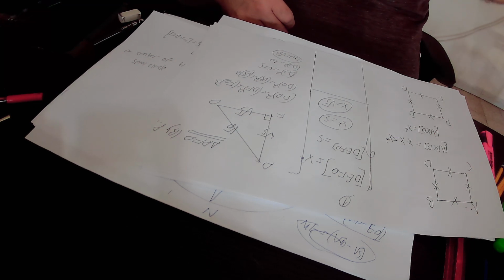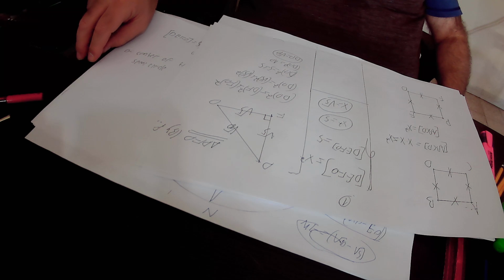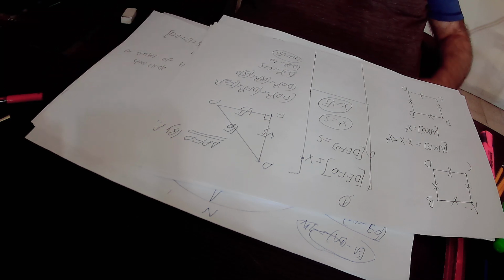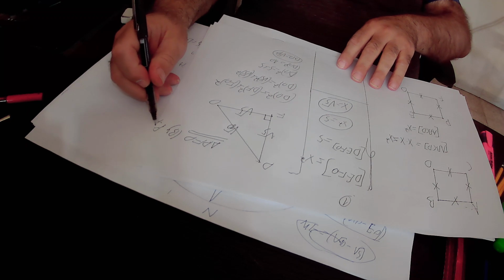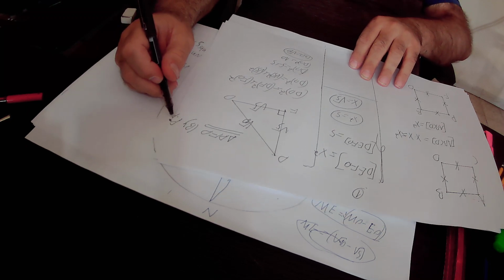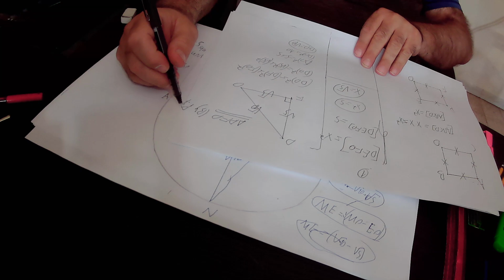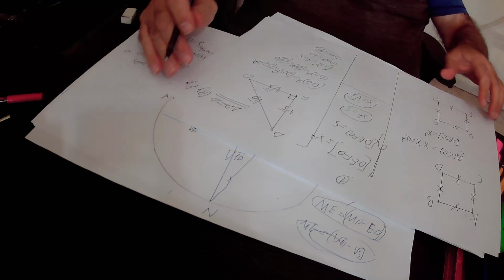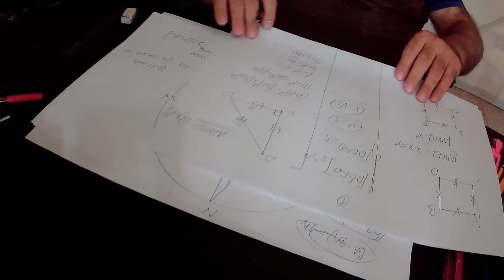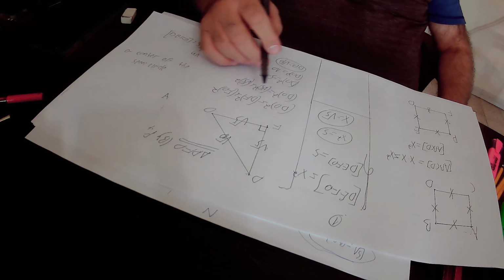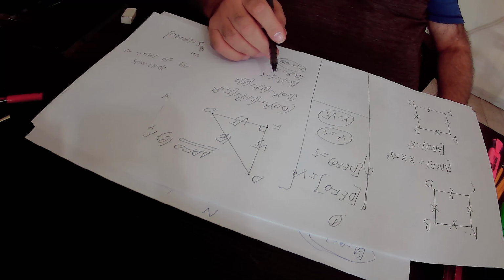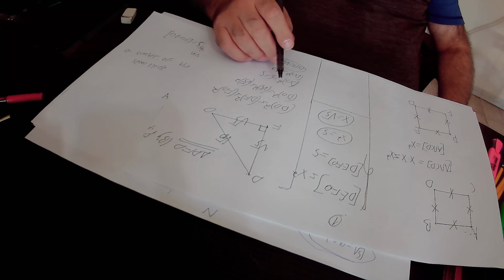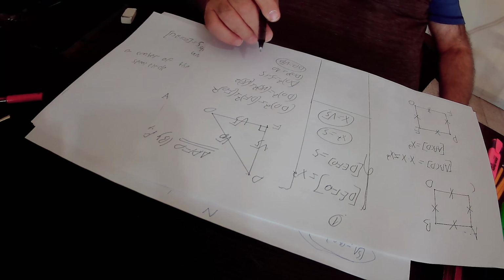So by Pythagoras theorem, the square of the hypotenuse equals the sum of the squares of the perpendiculars. The square of the hypotenuse is DO squared.